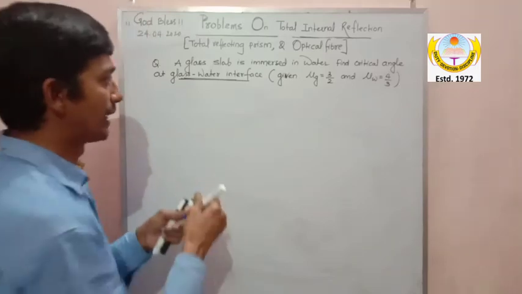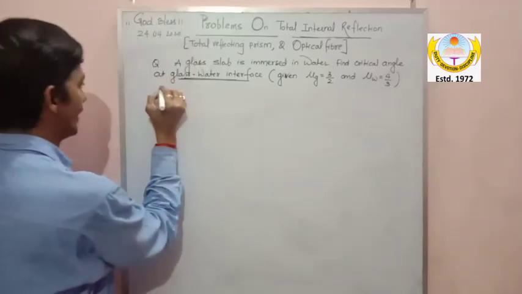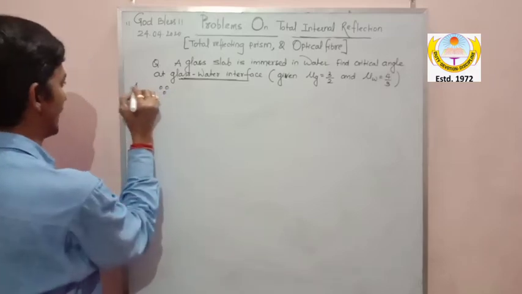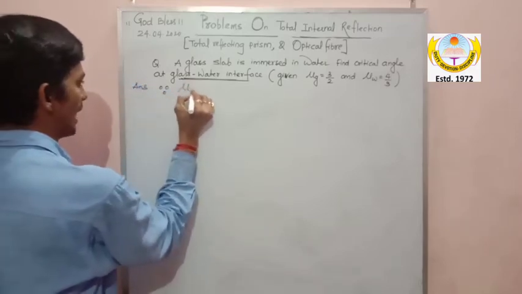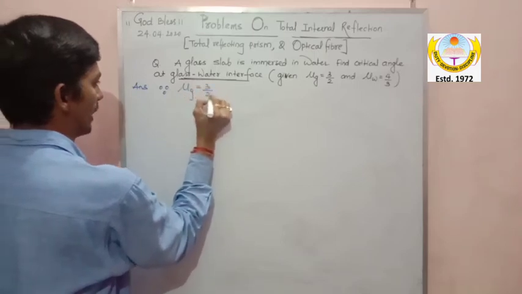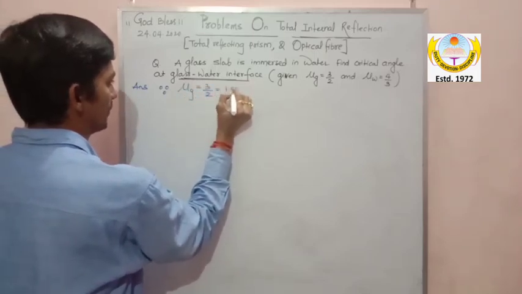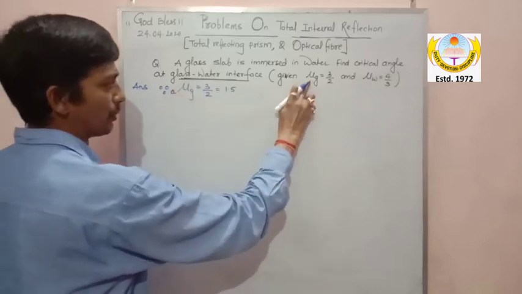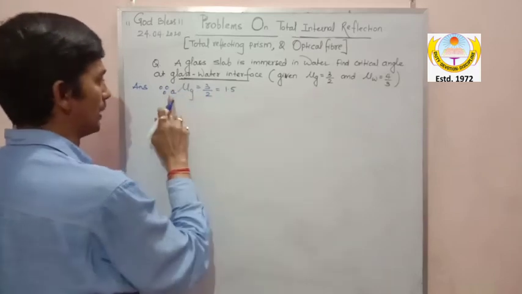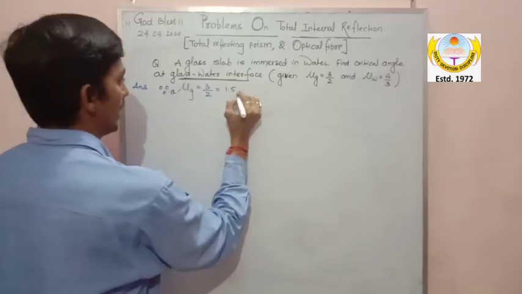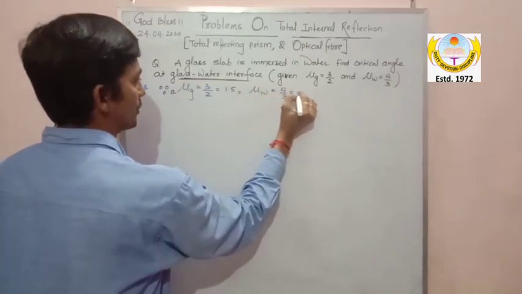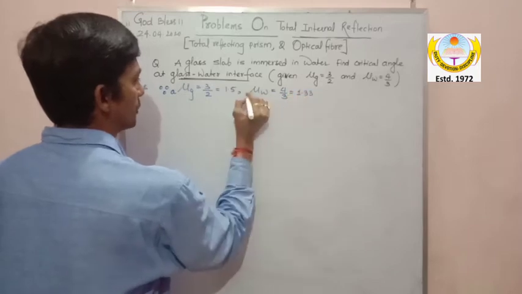My dear, you all can see, there is some reason here. Look at the answer. Since the refractive index of glass is 3/2, that is 1.5, and this is with respect to air. I told you, whenever they have given like this, you please put air from your side. And the refractive index of water is 4/3, that is 1.33 with respect to air.